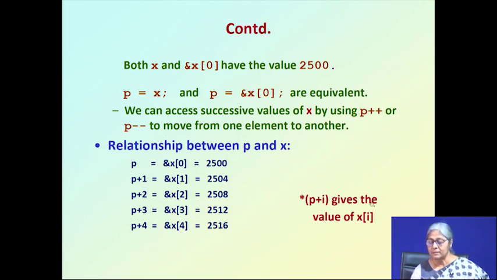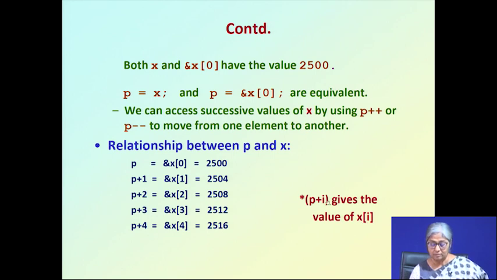And *(p+i) gives the value of x[i], because p plus i is a pointer that goes to the ith element of the array. So *(p+i) gives the value of x[i].